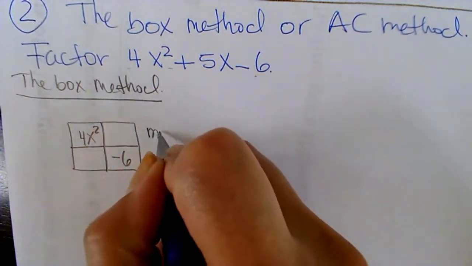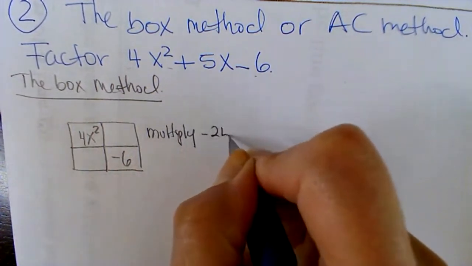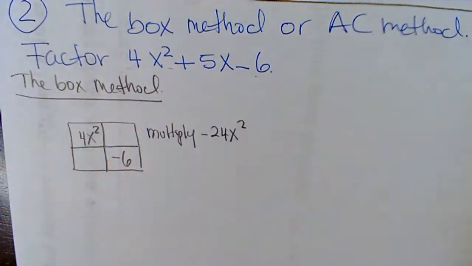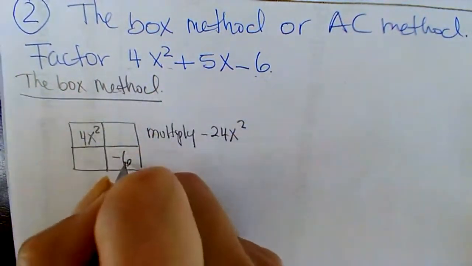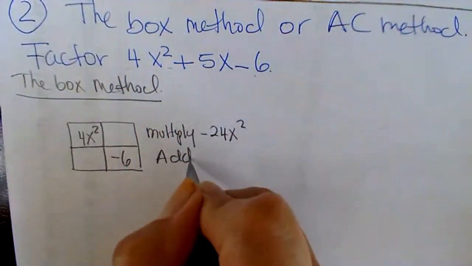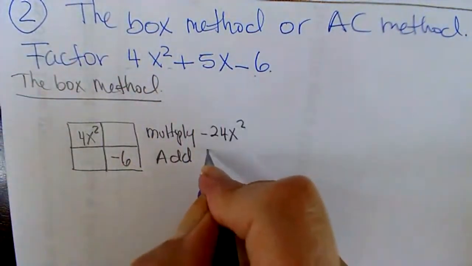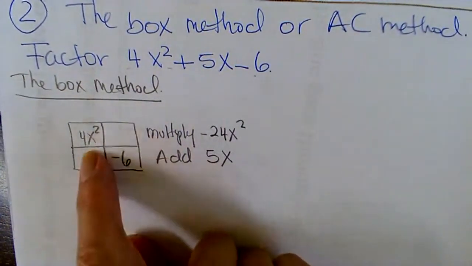That will be negative 24x squared. And then we need to find two numbers that, when we add them, give 5x. Those two numbers are going here.